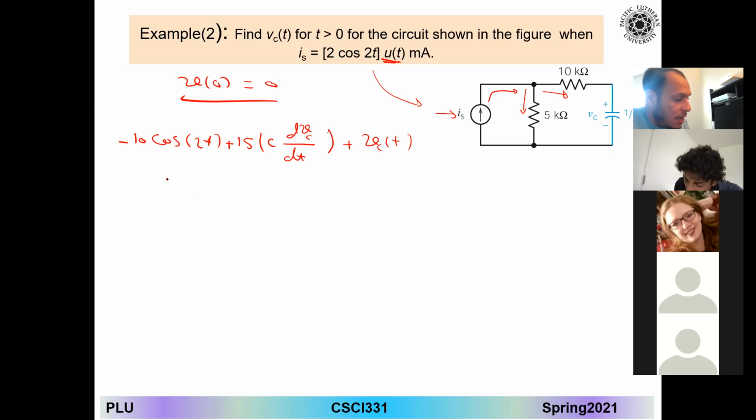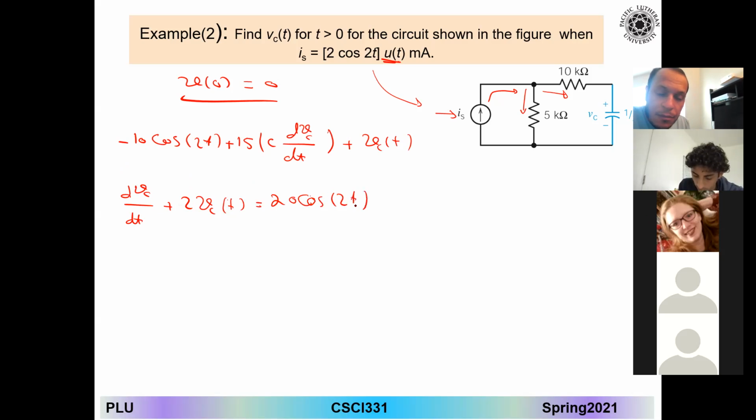If you want to rewrite it, you end up with dVC by dt plus 2VC, and this part will be 20 cosine 2t. So basically that's what you have. Now the only thing you're asking for is VF.